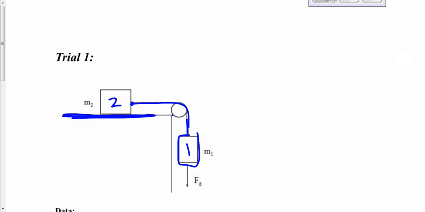Just as a little piece of advice to keep things straight, make sure that you record very carefully, very accurately, what the mass was with each trial. You don't want to mix up and use your data from trial 1 with the mass from trial 2 or something like that. So make sure that you have the mass going with the right velocity time data.